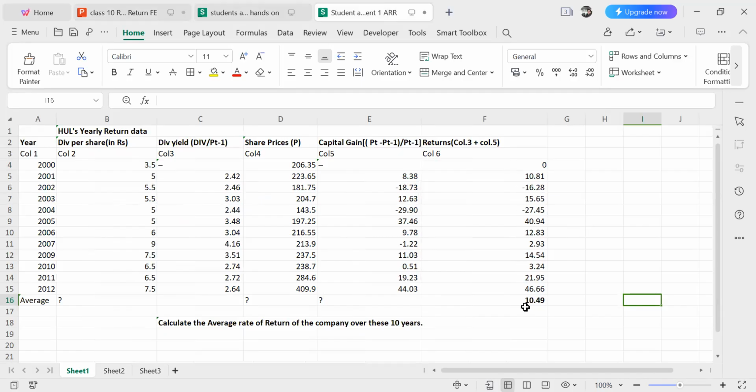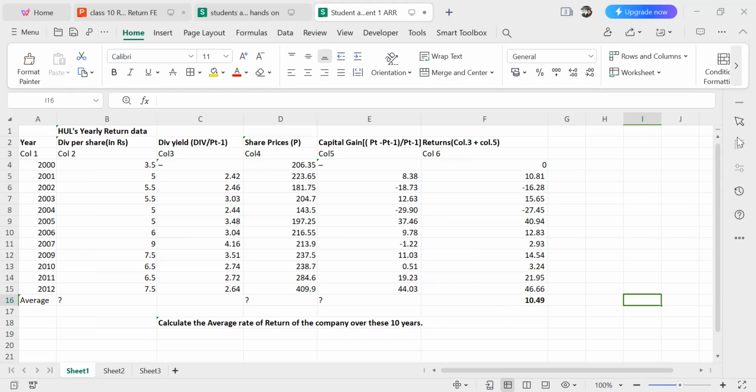How much is the deviation from your average rate of return, 10.49? So in order to find the fluctuation and volatility, we take the difference of the return each year from the average rate of return. First, you have to calculate the average rate of return, and then calculate the deviation of each return from it.